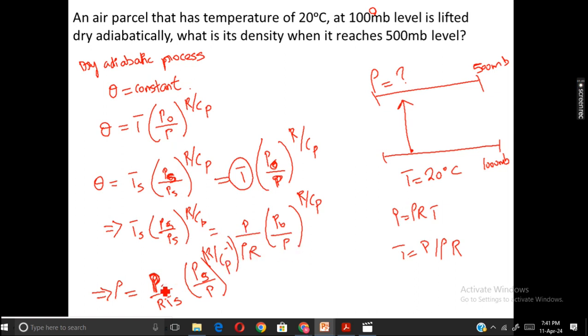After rearranging, rho becomes PS by R Ts into PS by P the whole raised to R by Cp minus 1.